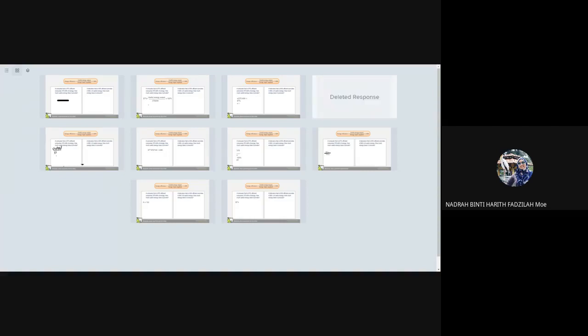Untuk mereka yang tak masuk dalam pedek ni, boleh tak PM saya untuk share with me your challenges so that we can come up with a solution untuk mereka yang belum masuk ni. Okay, because there's only 22 here, we have 24.